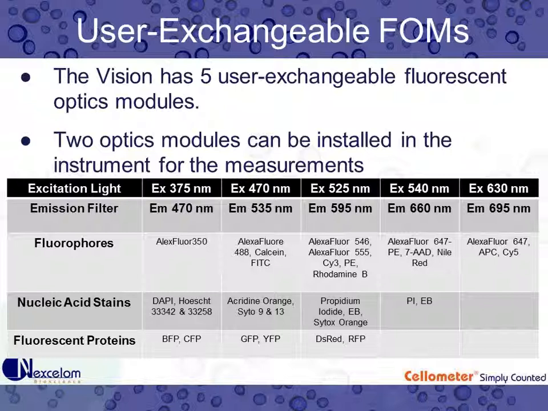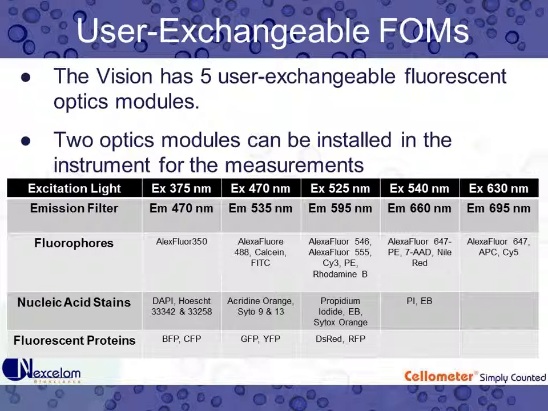Those are the two interchangeable and exchangeable modules that are located in the back of your instrument, and each one corresponds to a specific wavelength, works essentially as a filter for the excitation emission spectra that you are interested in using in lab. So for example, the 470, 535, 595, 660, and 695 are our fluorescent optics modules that we have available to our customers.